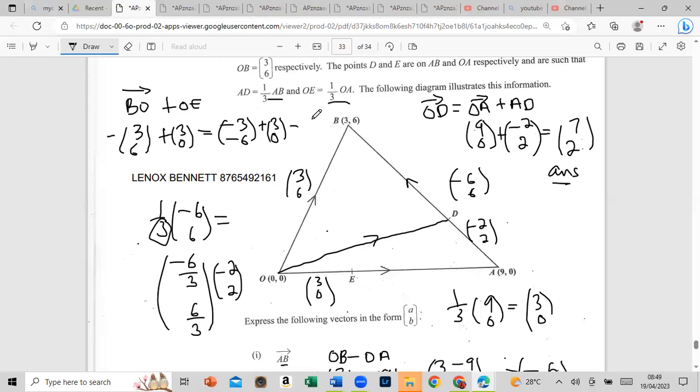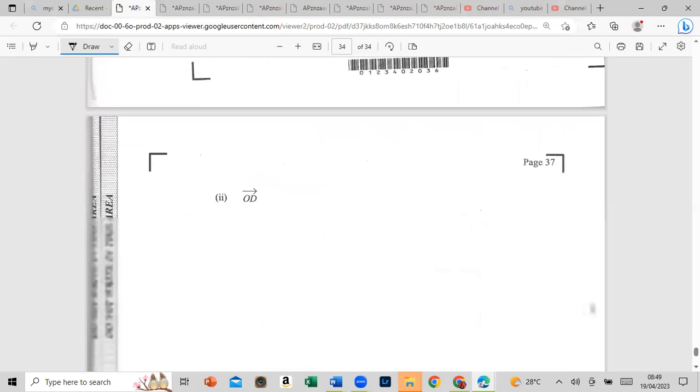So negative 3 plus 30 gives us 0, and then this gives us minus 6. So from B to O would be 0, negative 6. So BE is 0, negative 6. Remember, the working is up there.